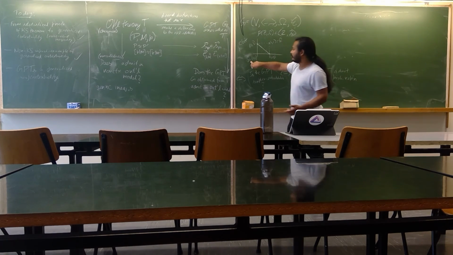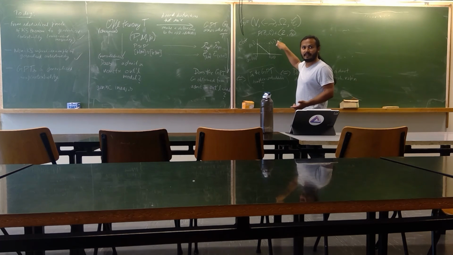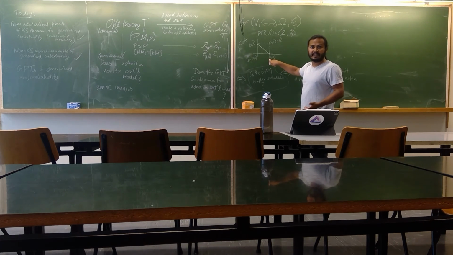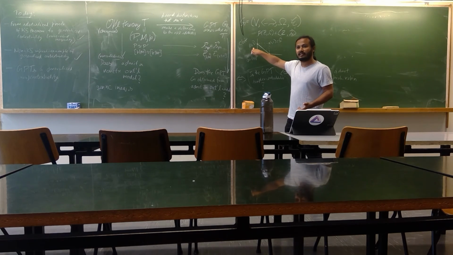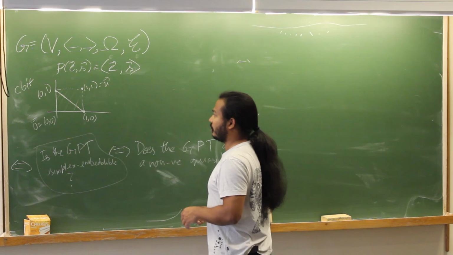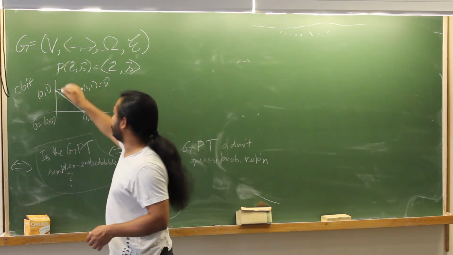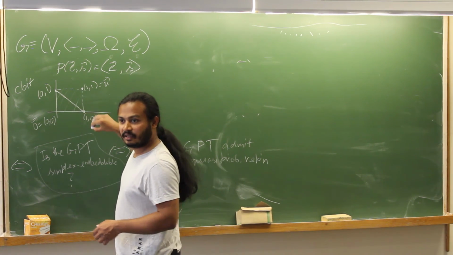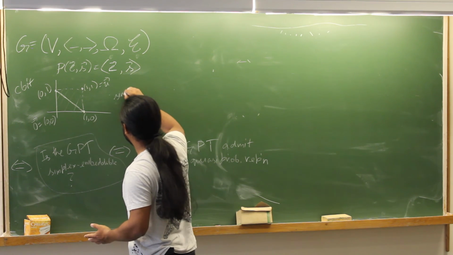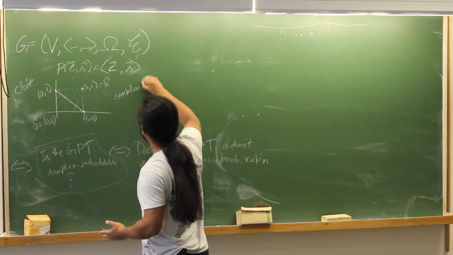The null effect is basically saying there is no coin, and the unit effect is saying there is a coin, this one is saying that the coin is heads, and this one is saying that the coin is tails. Those are the logically possible questions you can ask about a coin. That defines the effect space, and this is the state space. So that's the simplest example of a simplex GPT.